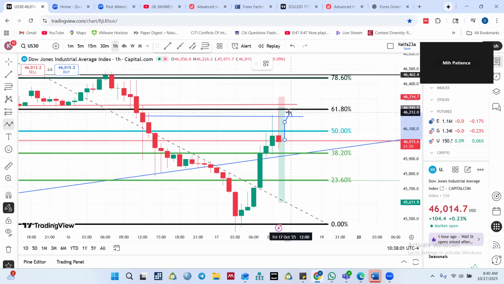But if this 1 hour candle tests and pushes up and closes above, then the next 1 hour candle, I will expect it to test the entry again. And then if it drops and engulfs on the retest to this area, I will take the sell entry.